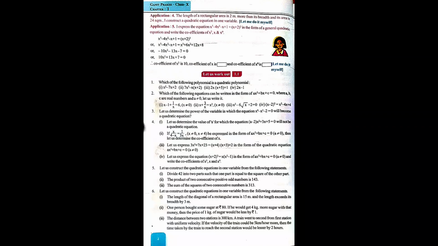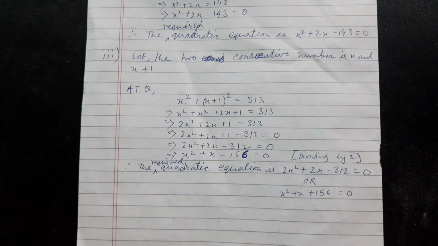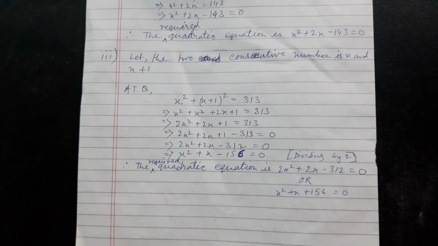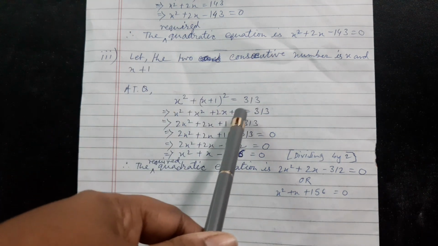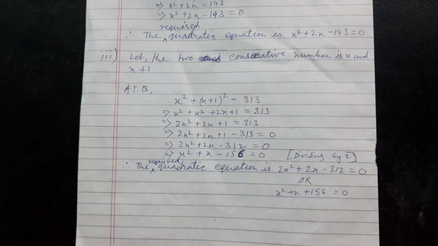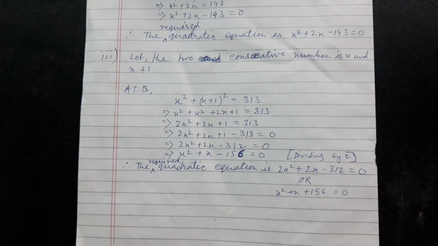Now the third part. The sum of the squares of two consecutive numbers is 313. So again we have to assume two consecutive numbers. Let the two consecutive numbers be x and x plus 1. Now according to the question, the summation of the squares is equal to 313. So we will write x square plus (x plus 1) whole square equal to 313.